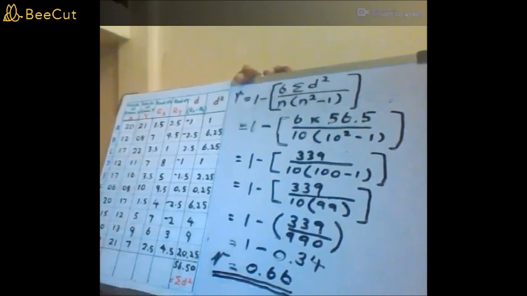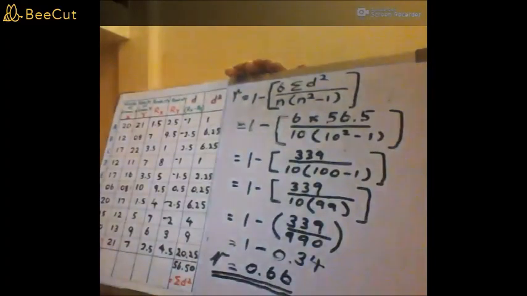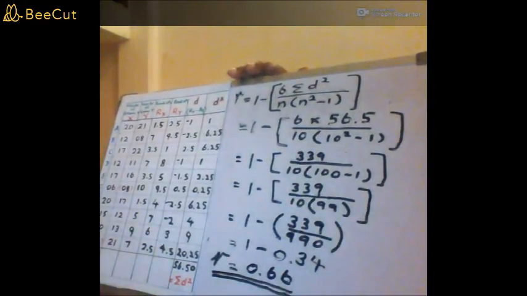Second one means the question is this: calculate the correlation coefficient using the Spearman's rank order method. So we have calculated the correlation coefficient, so it is 0.66. Third part: interpret your results using the scatter diagram and the coefficient.